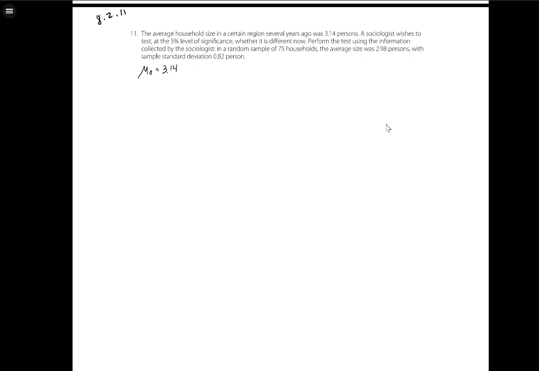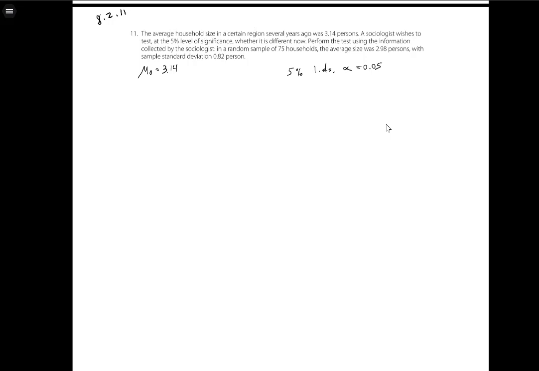The sociologist wishes to test at the 5% significance level, so we have a 5% level of significance. So alpha equals 0.05. And whether it's different now, so not less or more, just different, so we have equal and not equal.